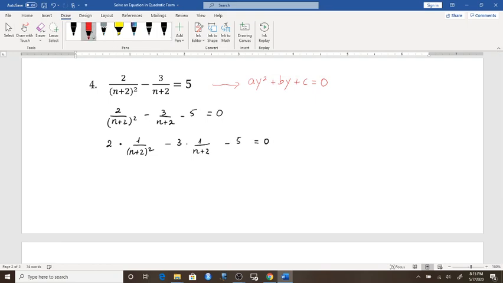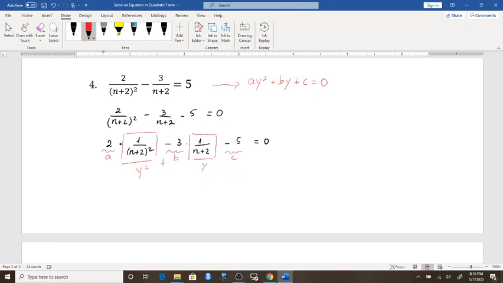So clearly the value of c must be this -5, and then from here you should see that the value of b is this -3, and the value of a is this +2. Now that I have separated this a little bit from the term next to them, what do you think is going to be y? Y is the term next to -3, which is 1 over n plus 2, and therefore this must be y squared, right?